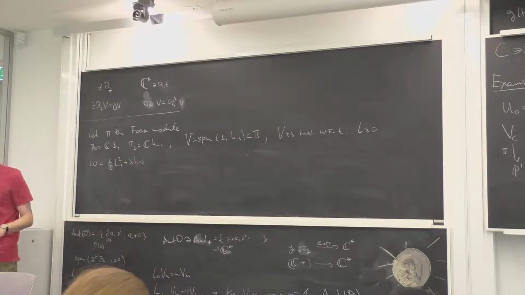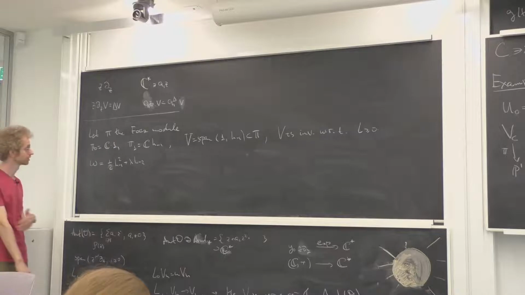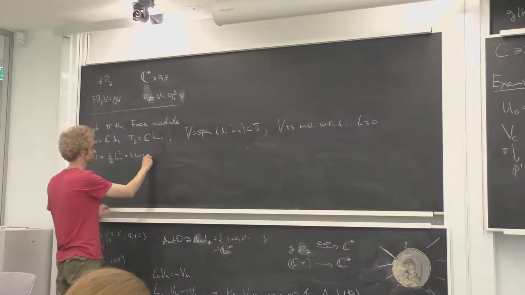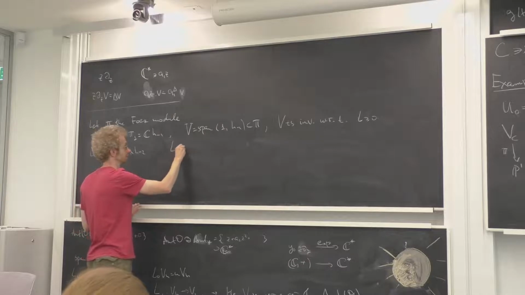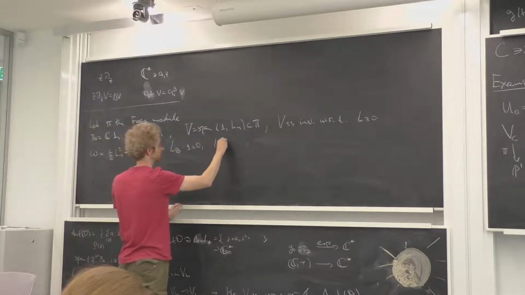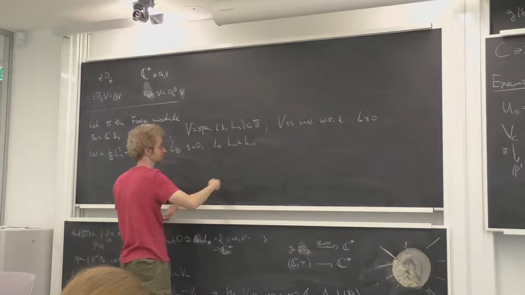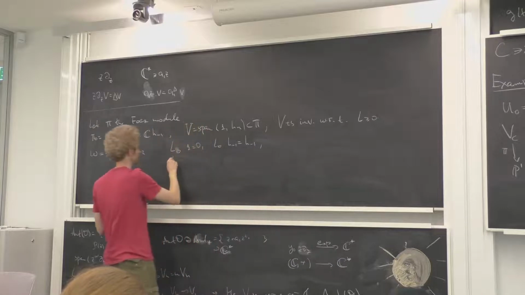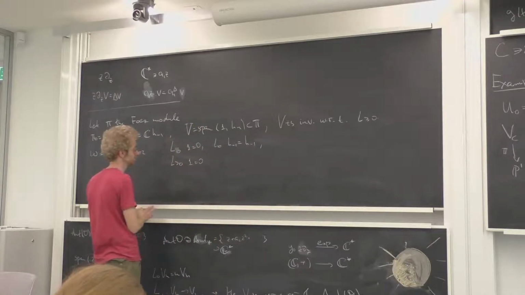Okay? Yes. So this is the conformal vector. So then let's write, clearly L0 applied to 1 is 0. L0 applied to h minus 1 is h minus 1. And then L greater than 0 applied to 1 is 0.